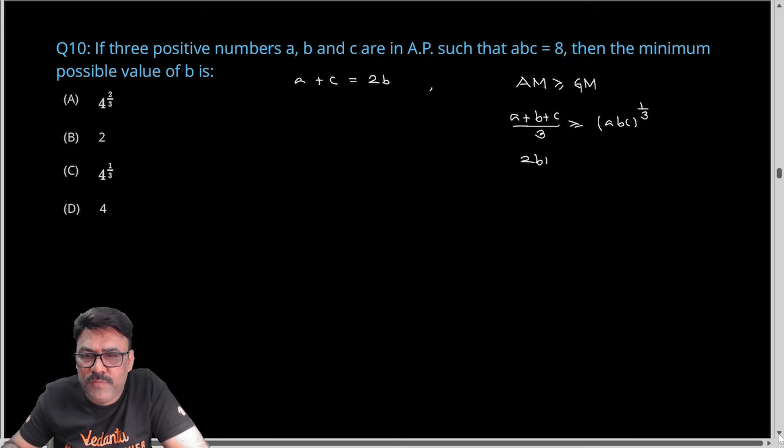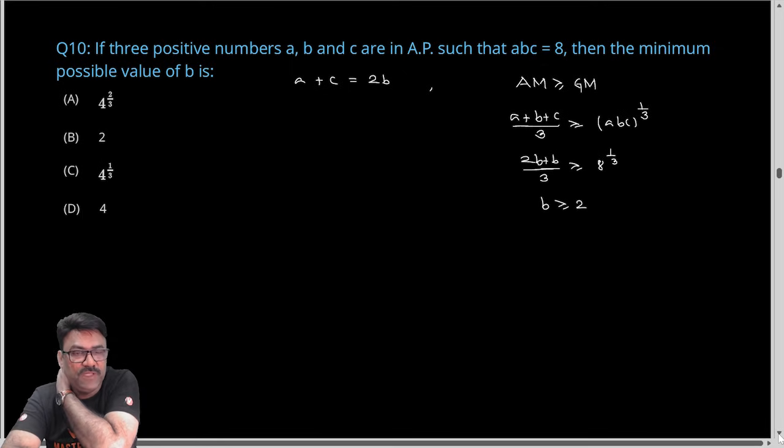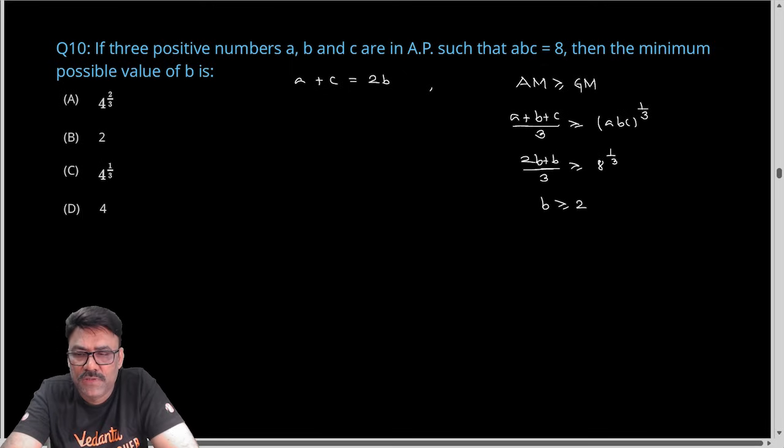So it is (2B plus B) by 3, since A plus C is replaced by 2B. ABC is given 8, so 8 raised to 1 by 3, which is 2. So ultimately you are getting B greater than or equal to 2. So hence the minimum possible value of B is 2 here. Option B, second option.